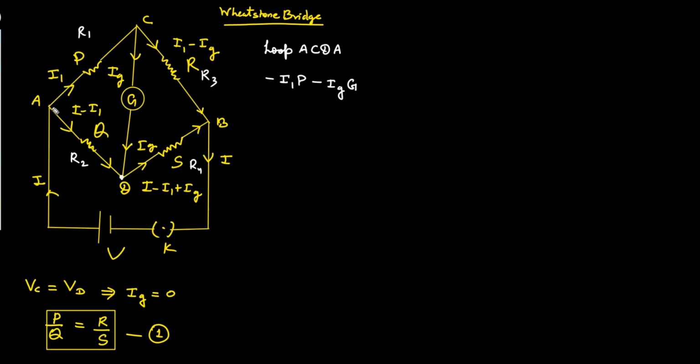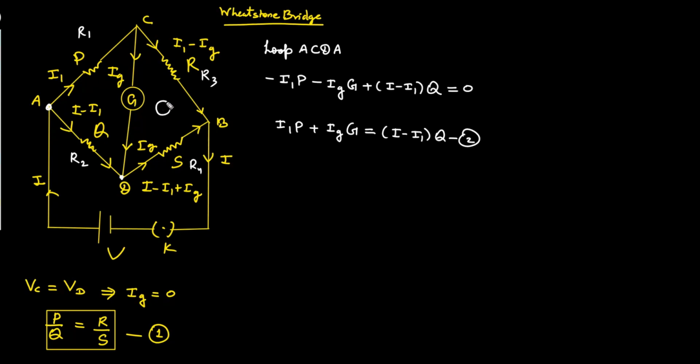Now from D to A, we are moving opposite to the direction of current, so it will be plus I minus I1 into Q, and total 0, right? Again if I write this in this way, I1P plus Ig into G is equal to I minus I1 into Q. Let's say this is equation number 2.